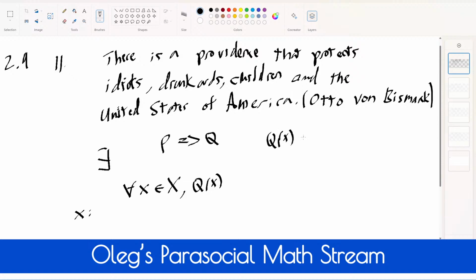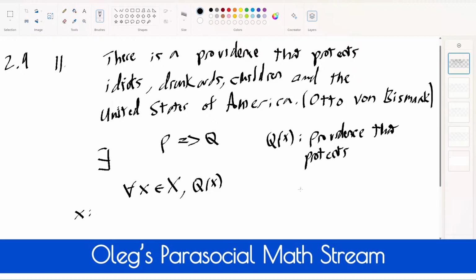Q of X is the providence that protects, okay? And X is a set.